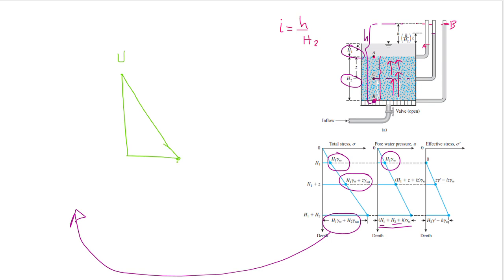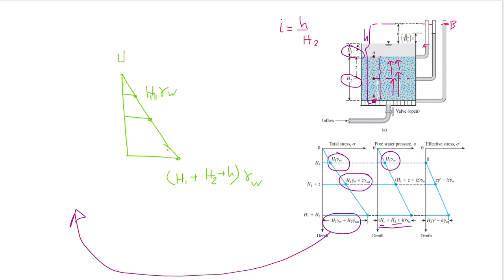So you have data here which is h1 plus h2 plus h times gamma water, and at one point we don't know, but at the other point we know that it is h1 gamma water.